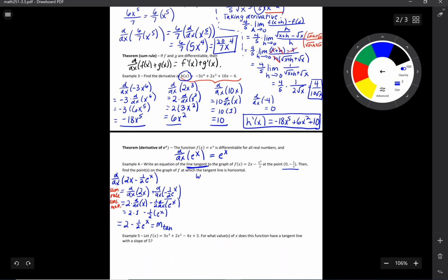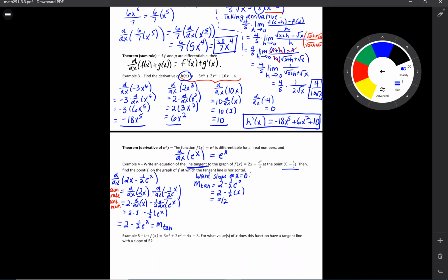So we want slope at x equals 0. So my m sub tan will be 2 minus 1/2 e to the power of 0. Well, e to the power of 0 is just equal to 1. So I get 3/2.